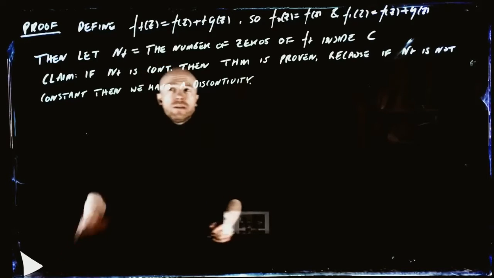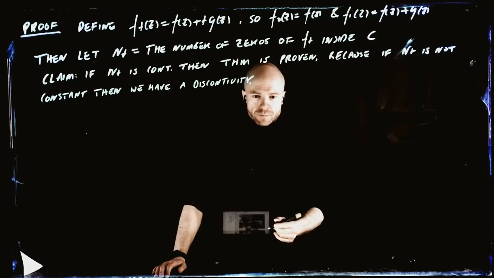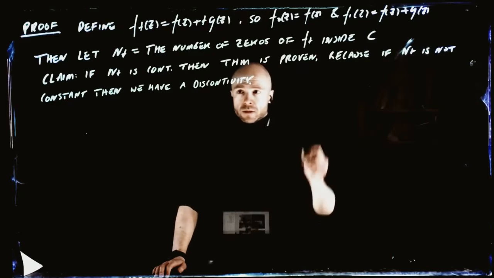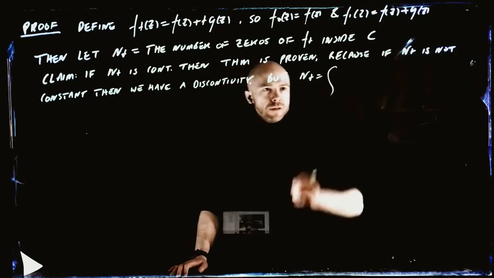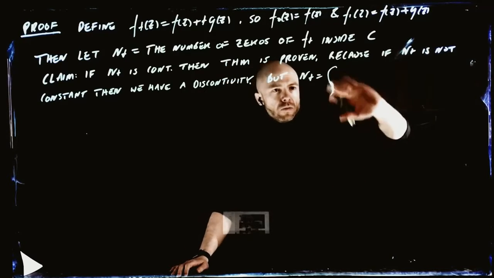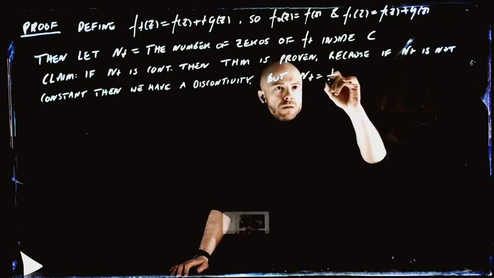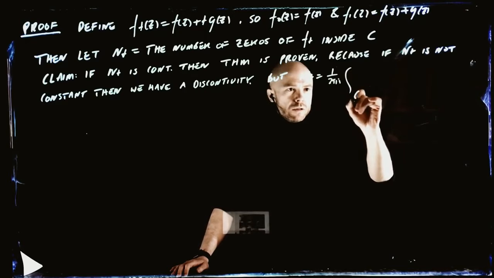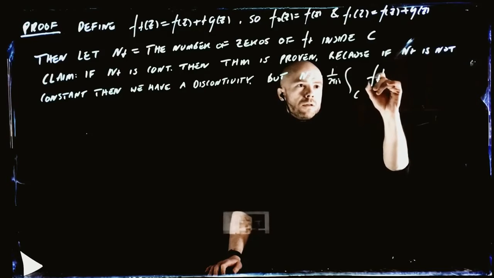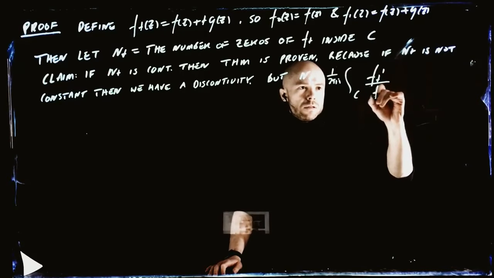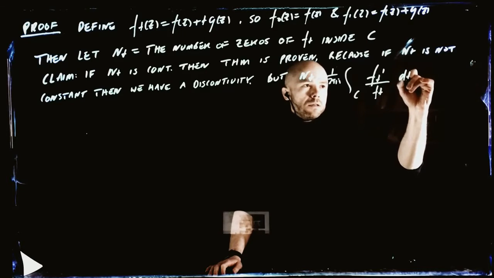Okay, so it's enough to show that this n of t, the number of zeros of f_t, is continuous. But n of t is nothing but the integral, 1 over 2 pi i, integral around the curve of f_t prime over f_t dz, sorry.